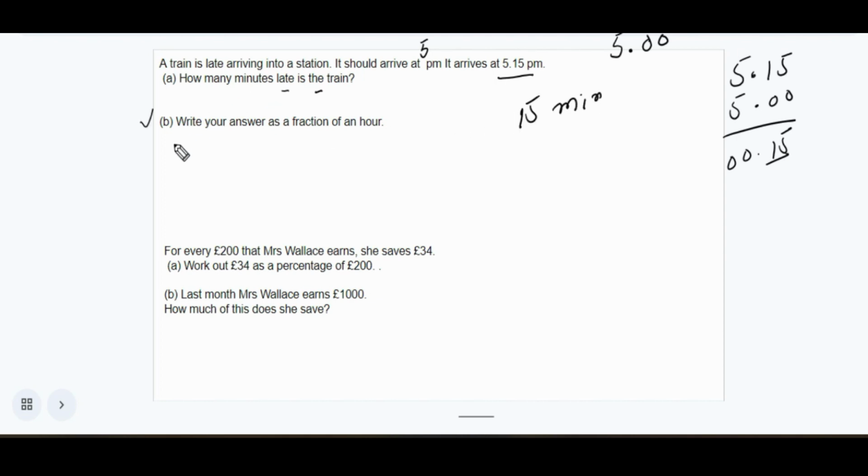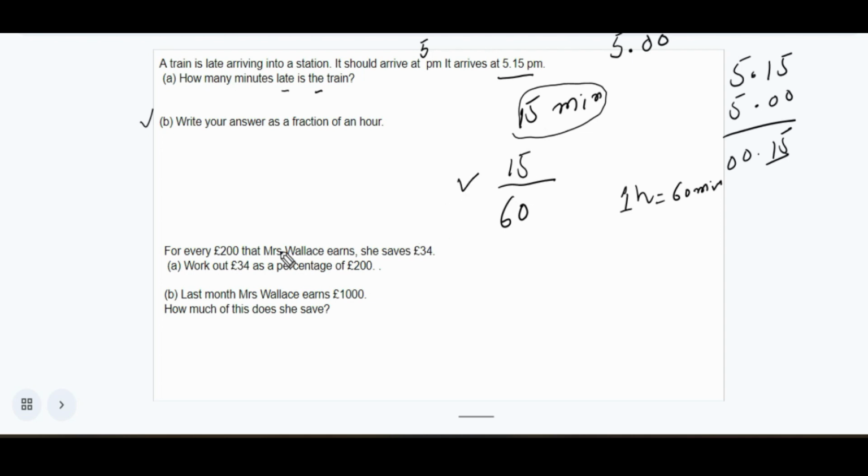Now look at part B. Write your answer as a fraction of an hour. This is 15 minutes, right? You need to write it as a fraction of an hour. So how many minutes are there in an hour? 60 minutes. Very good. So it means 15 out of 60 is the fraction.